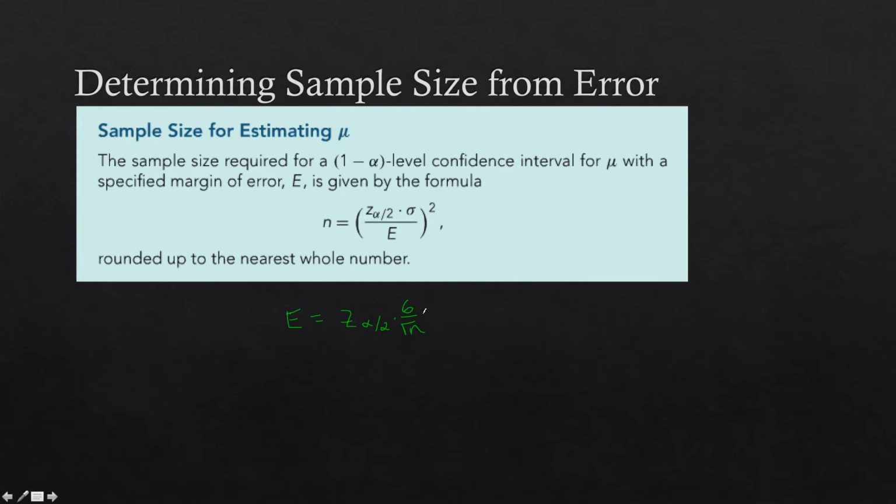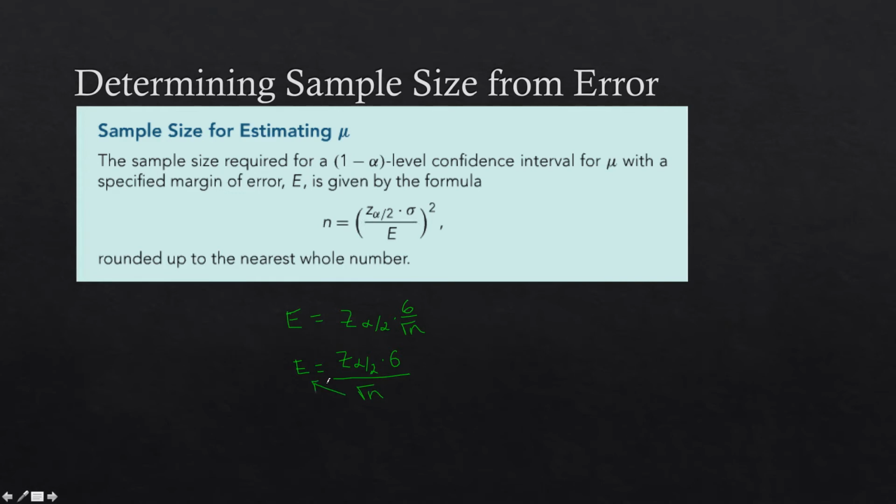So if you solve this formula for n, we would get E equals z sub alpha divided by 2 times the standard deviation over the square root of n.